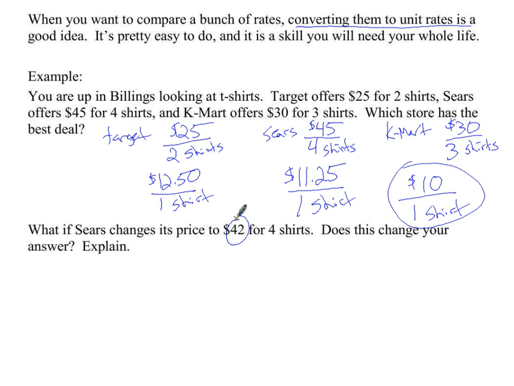Okay? So the answer here, does this change your answer? No. 42 is still too high. So my answer is it would need to be less than $40 for me to change my answer.